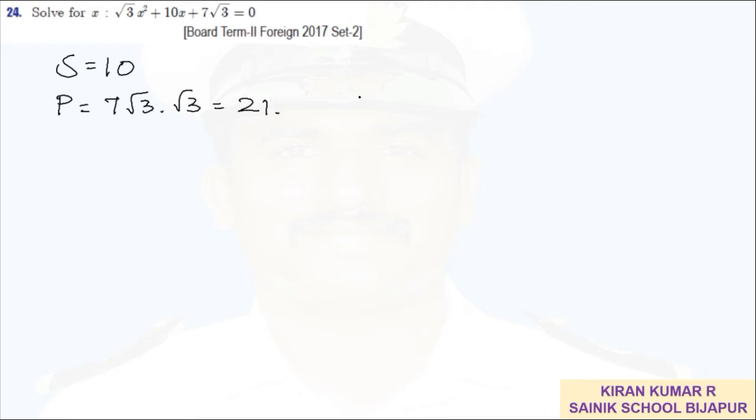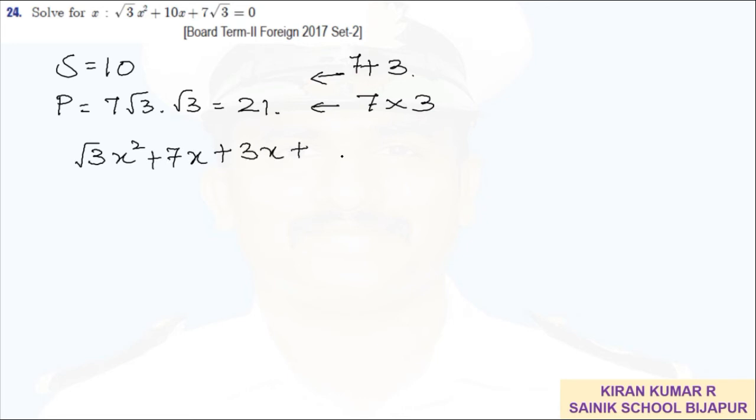We all know 7 threes are 21 and 7 added to 3 will be 10. Therefore, the middle term I can split as 7x plus 3x plus 7 root 3 equal to 0. Grouping, here only x is common.